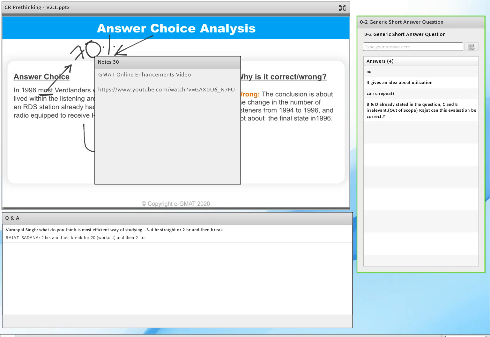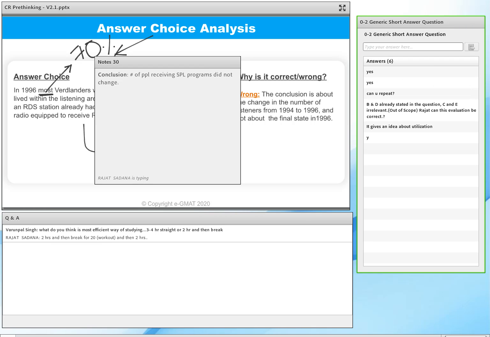All right. So, conclusion. Okay, everyone okay with the conclusion? Right? What is the statement, choice B?